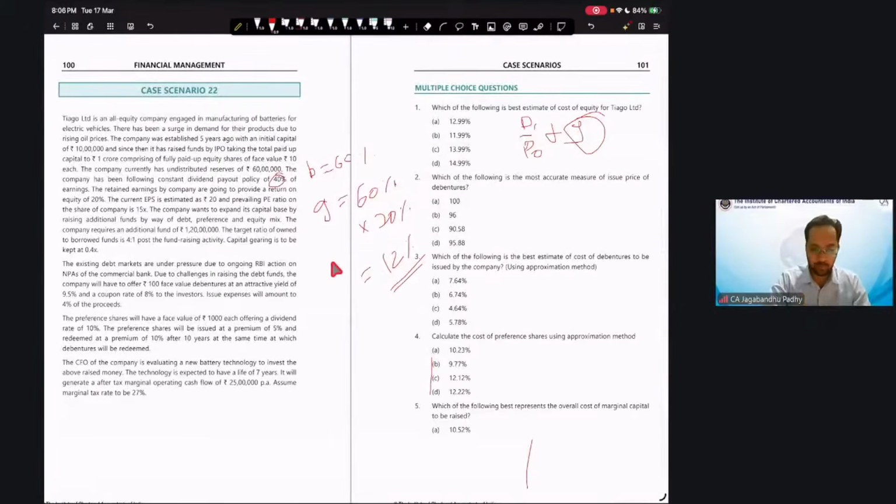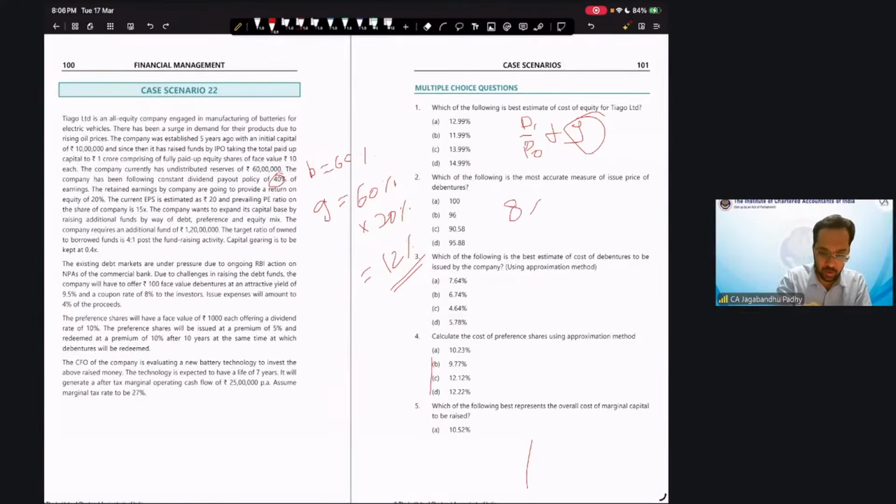Then, the most accurate measure of issue price of debentures. Now, when it comes to debentures, due to challenges raising the fund, the company will offer rupees 100 face value debentures at an attractive yield of 9.5% and coupon rate of 8%. Issue expenses will be 4% of the proceeds. So issue price of debentures is going to be simply the present value of your coupon discounted at 9.5%.